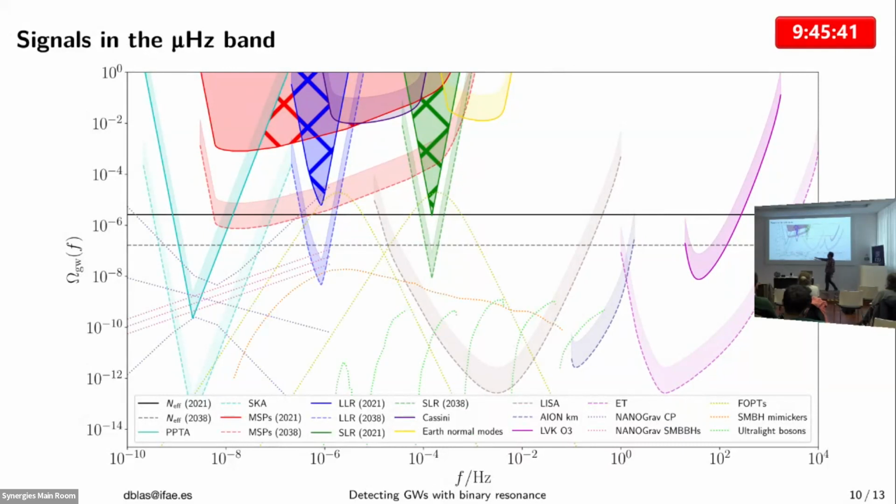You can start filling up this parameter space with backgrounds. So this is, for instance, a first order phase transition that I will discuss, which is not seen by PTA, is not seen by LISA. It's quite huge in the sense that it goes above the effective line, but being a peak distribution, this bound is to be redone and it's basically inexistent. And the moon already picks it up.